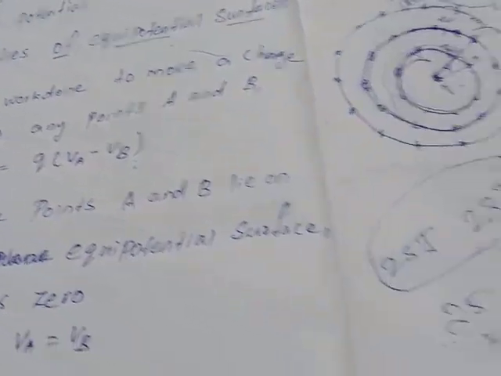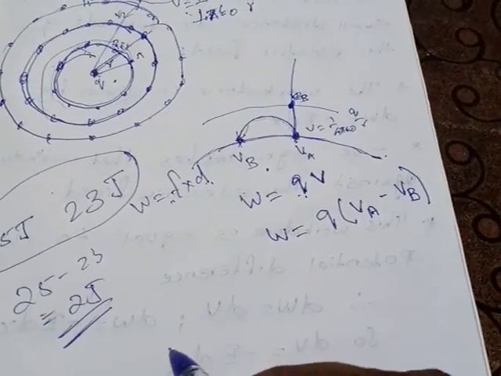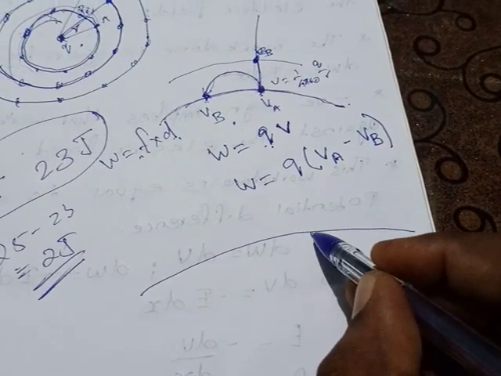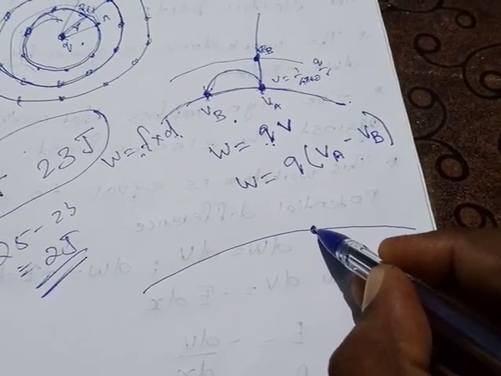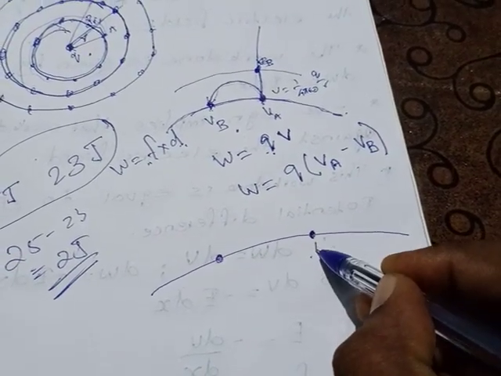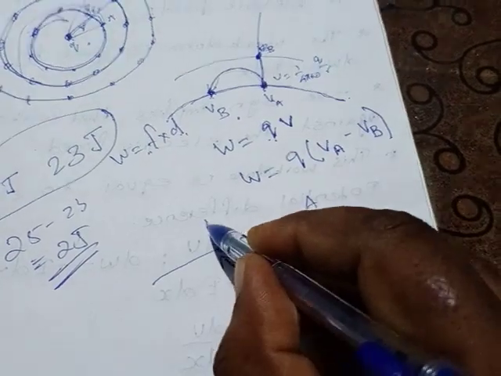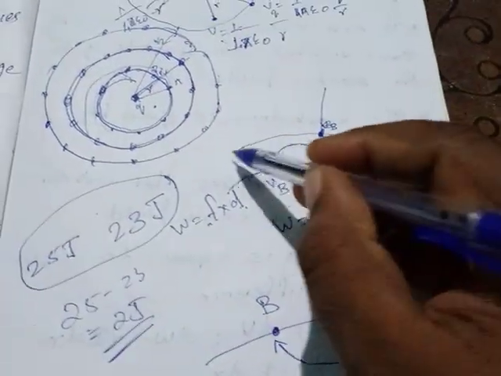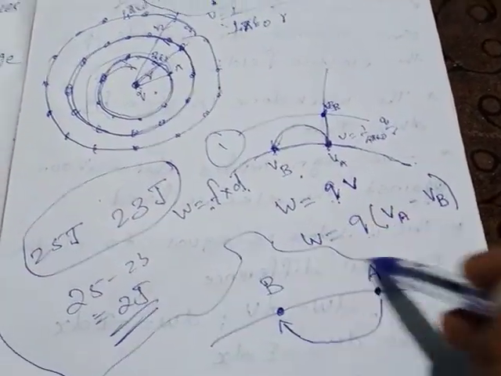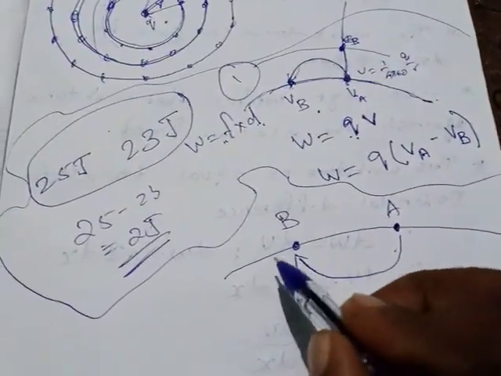Now you can see the second property. Assume that this is an equipotential surface. You are moving a charge from the point A to B, and this is the first property I explained, so that with this example you can remember. Now I am explaining the second property.